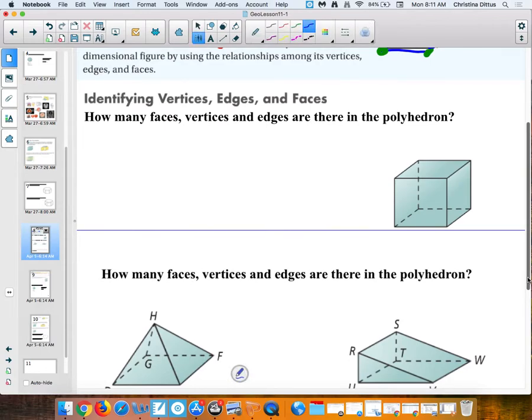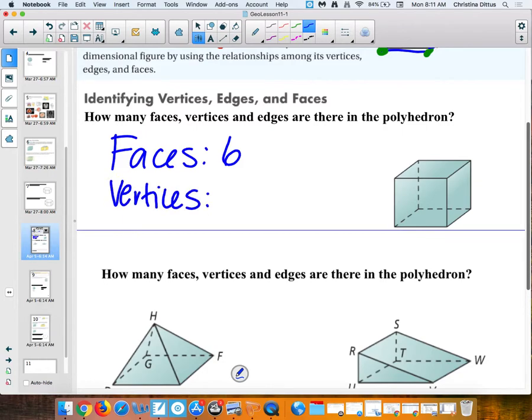Well, let's try. How many faces do I have in the shape over here? 6. I got top, bottom, left, right, front, back. I got 6 faces. Vertices. How many points do I have? 8. 1, 2, 3, 4, 5, 6, 7, 8.